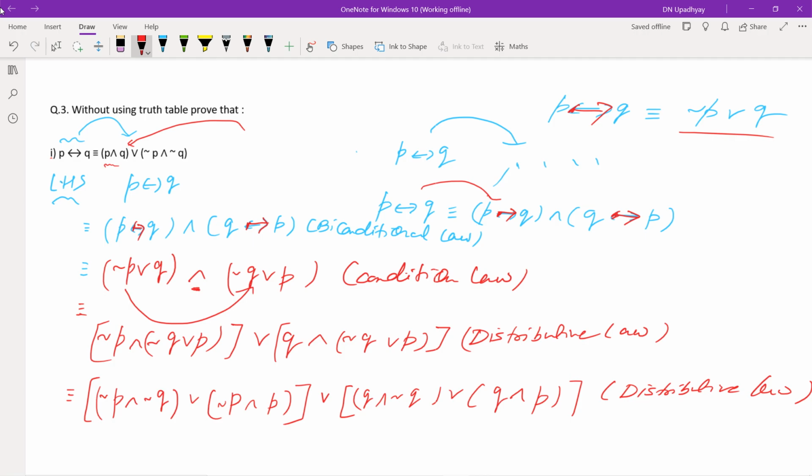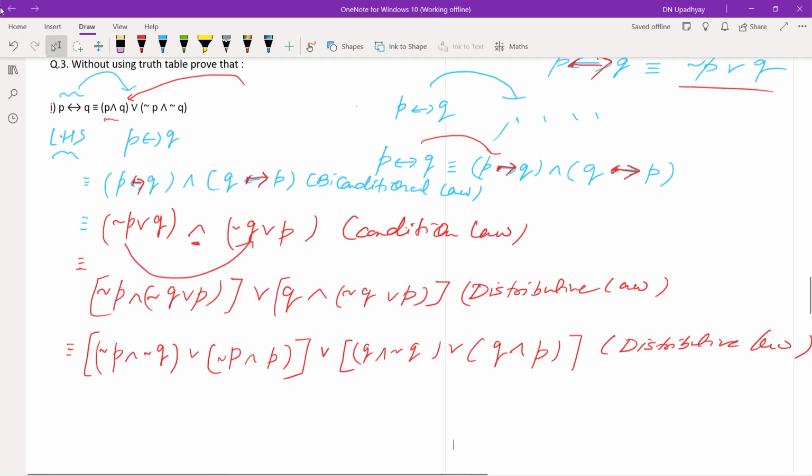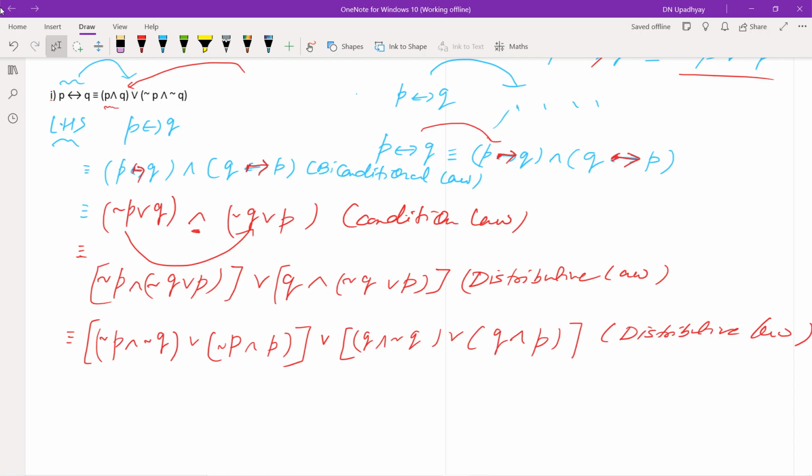Why are we doing this? Any answer? Because, as we are seeing, on the right hand side there is only P and Q, first only P and Q. We haven't reached there yet, P and Q is not visible to us. So we have to use the laws so that we can convert.